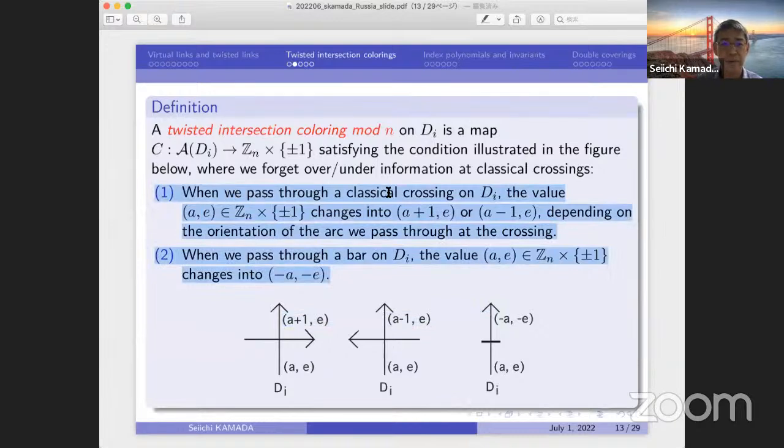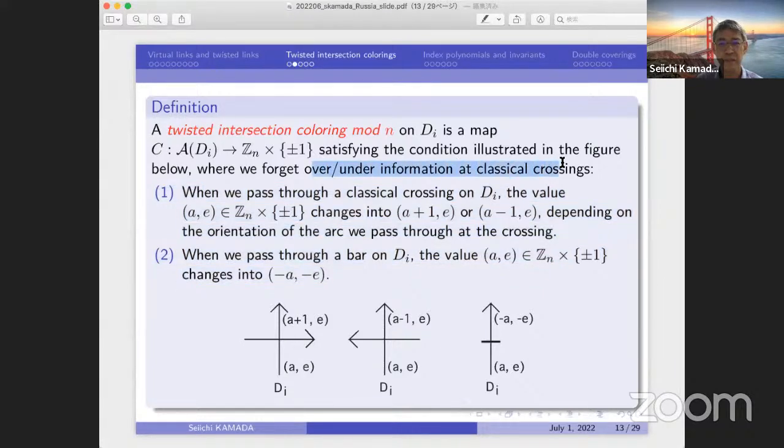When we pass through a classical crossing on Di, moving in this direction, we pass through an arc. I omit the over/under information at classical crossings, so this crossing is a positive or a negative crossing. Anyway, at classical crossings, the label (a, e) is changed to (a+1, e).